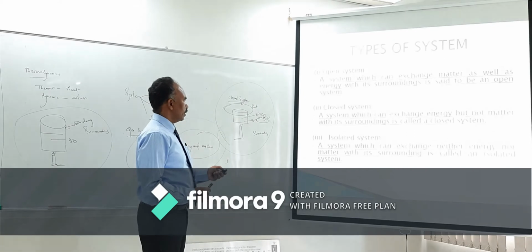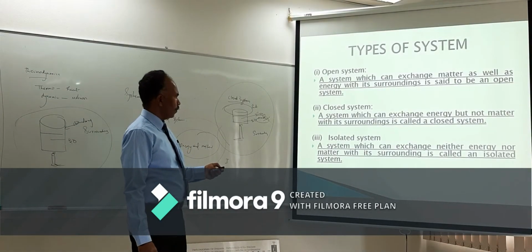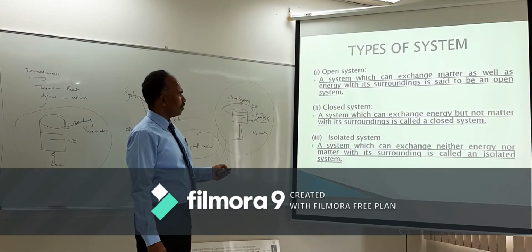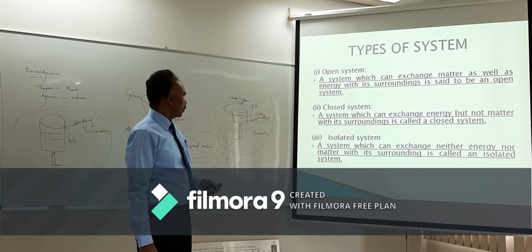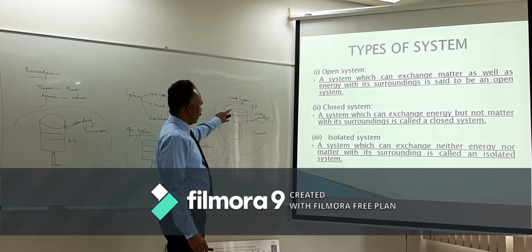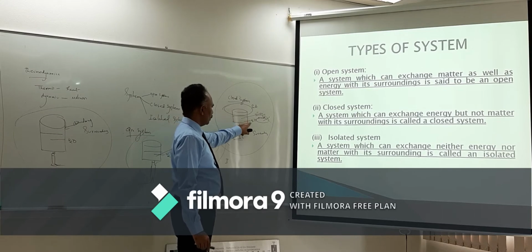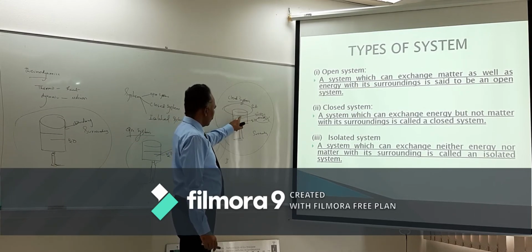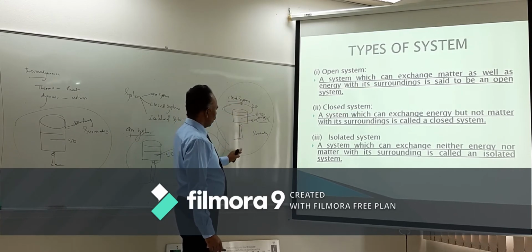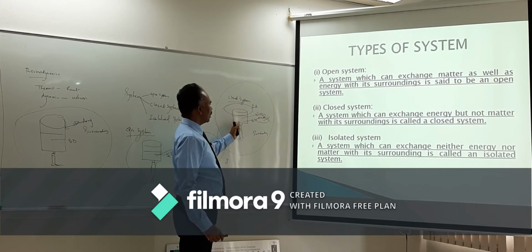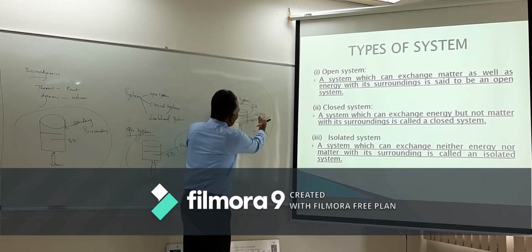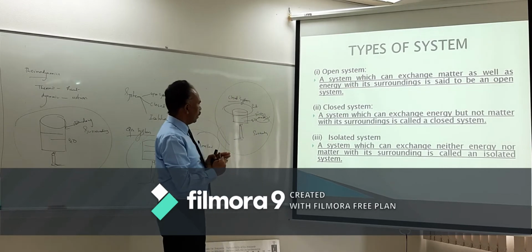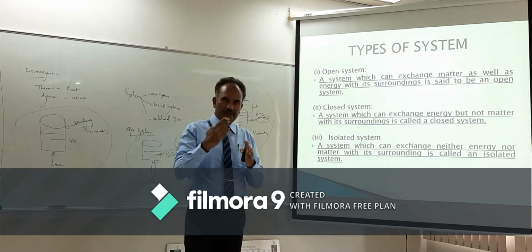Now, let us take closed system. What is closed system? A system which can exchange energy but not matter with its surrounding is called closed system. Let us consider a beaker having water. This water is matter. It is covered with a lid. And when we heat, what happens? It produces heat energy. So when we go near our beaker, you can feel the heat.